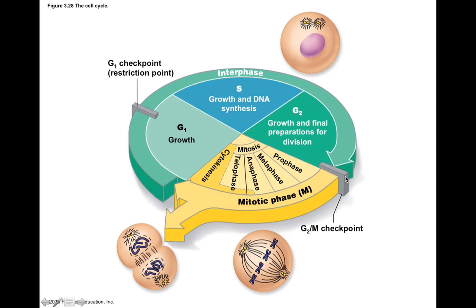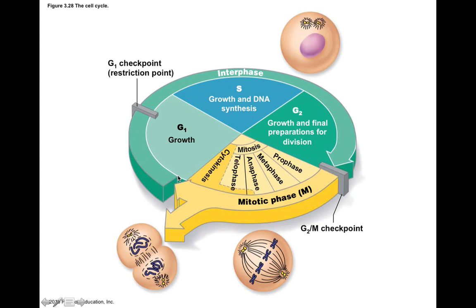And this checkpoint is basically another restriction point, a point where the cell can make sure that all of its chromosomes are replicated, all of its organelles are replicated, and it's ready to divide. Once it passes this checkpoint, it's able to continue on to M phase, where there's a series of subphases of mitosis or cell division that then lead to cytokinesis, where the cell divides, and then the beginning of interphase again.